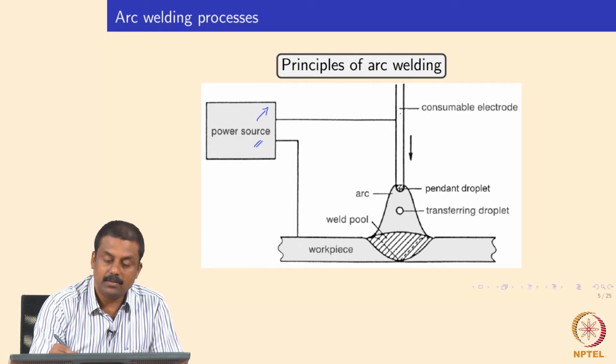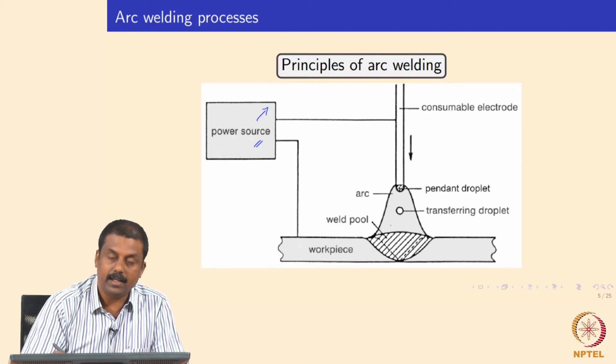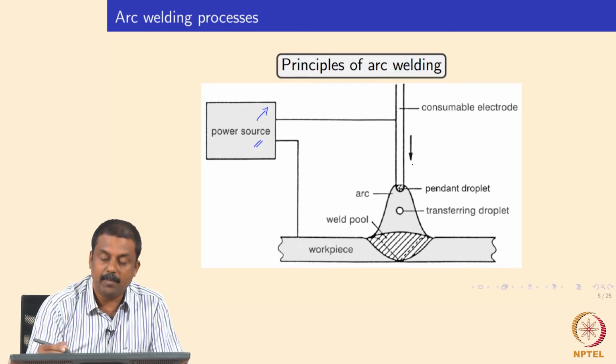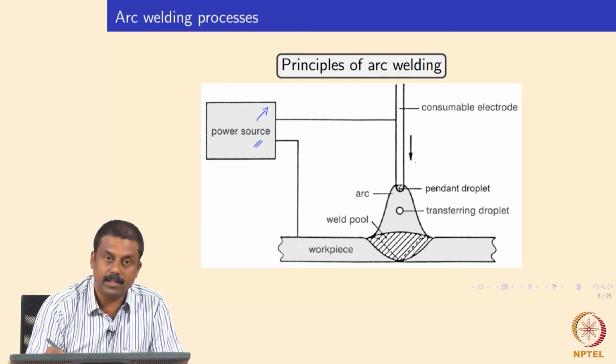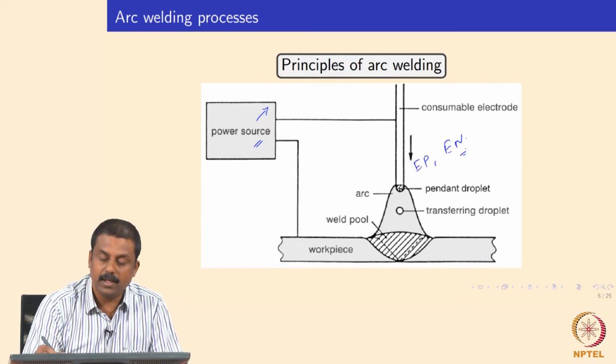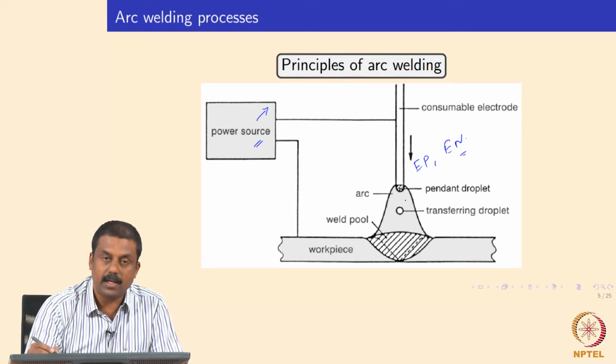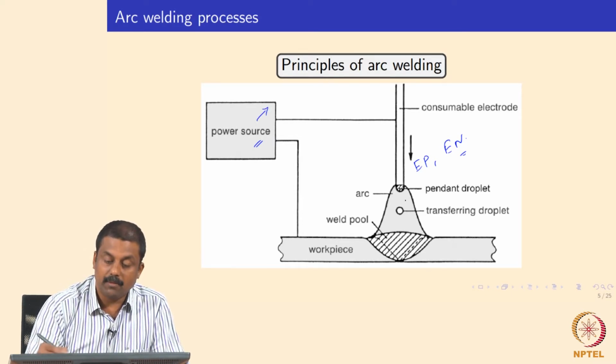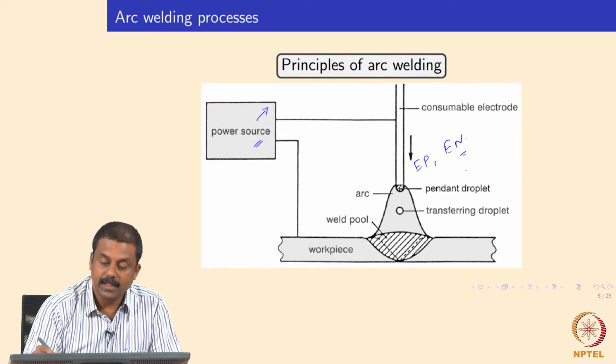The power source is sending amperage towards the welding electrode and the workpiece, and the electrode can be either positively connected or negatively connected. If you have a DC source, this can be electrode positive or electrode negative, and based on the polarity you also change the heat transfer characteristics. I do not want to go into detail about the physics, but you can assume that when it is electrode positive, the filler becomes an anode, and if it is electrode negative, your filler becomes a cathode.